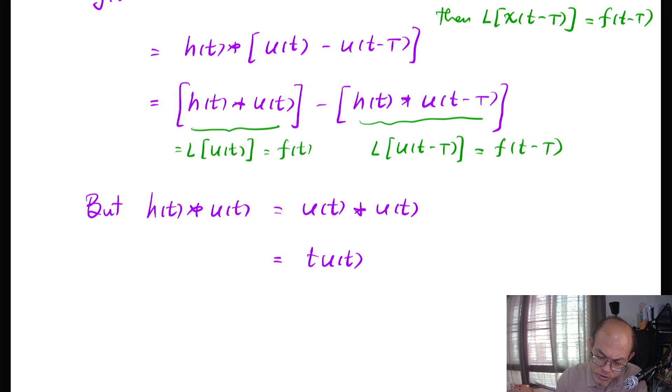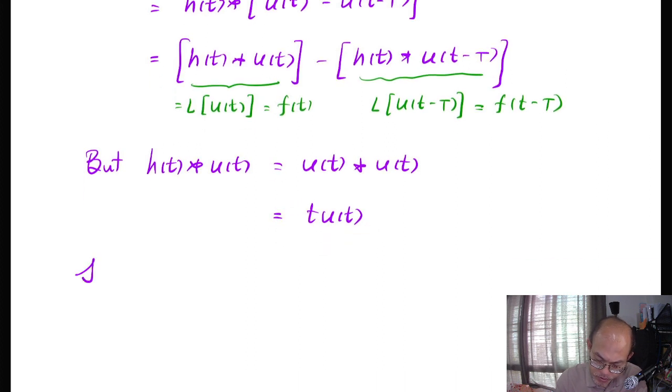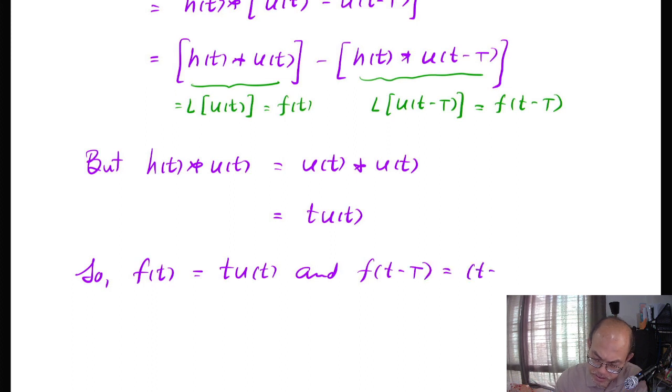So the latter term would simply be this expression where t is replaced by t minus capital T. So f of t is t u of t, and f of t minus capital T is t minus capital T times u of t minus capital T. Ooh, sorry.